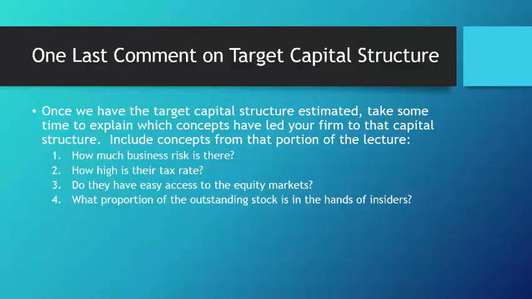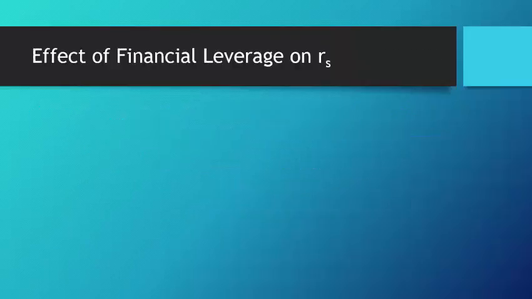And now, let's look at the other half of this, which is what happens when we do add some debt or take some debt away. What happens to my required return to my stockholders? So this one's going to be interesting, by the way, because in the next homework assignment, I'm going to have you look at weighted average cost of capital as it stands.